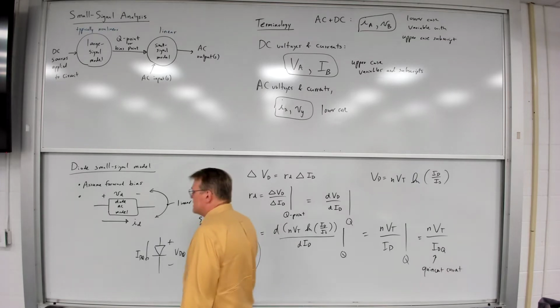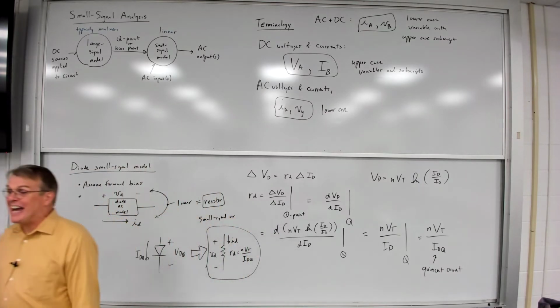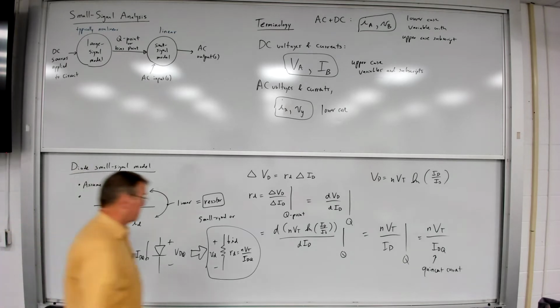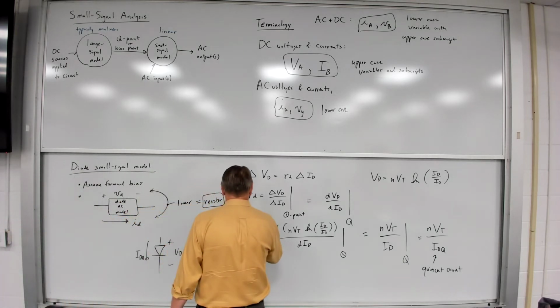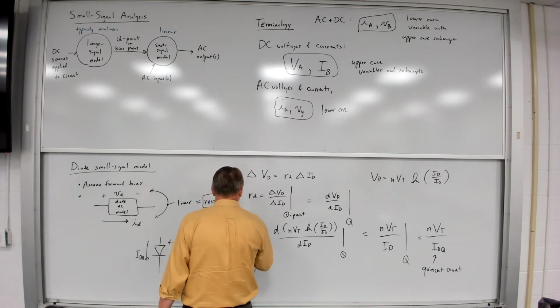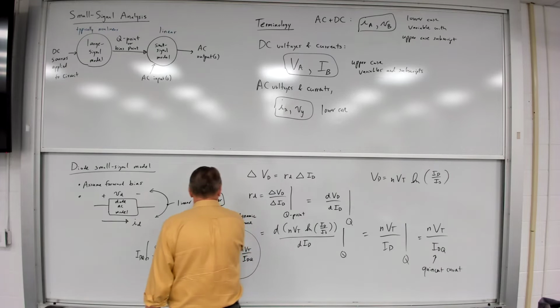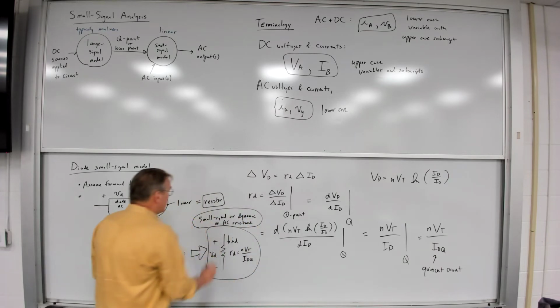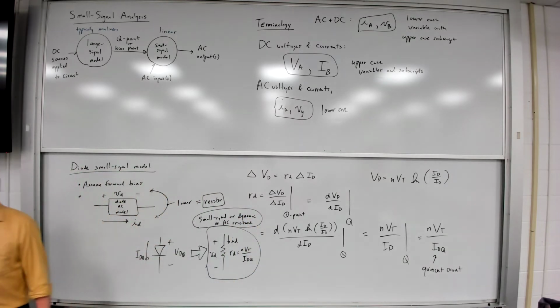You'll also see this called the dynamic resistance, or sometimes just the AC resistance. So you can see any one of those terms applied to this, but the book will sometimes say dynamic resistance as well as small signal.